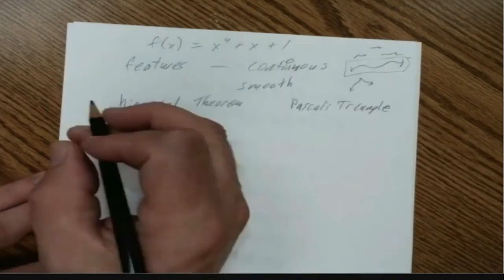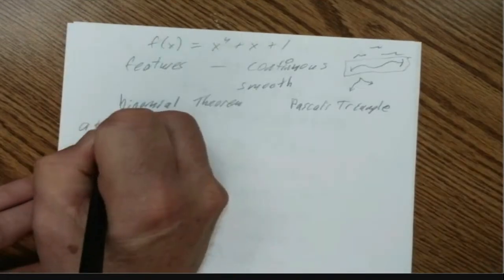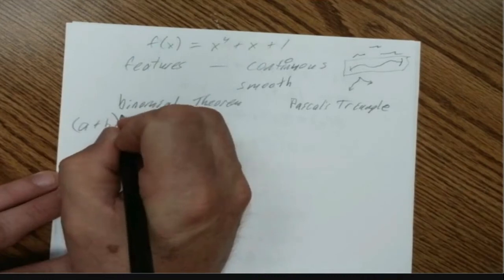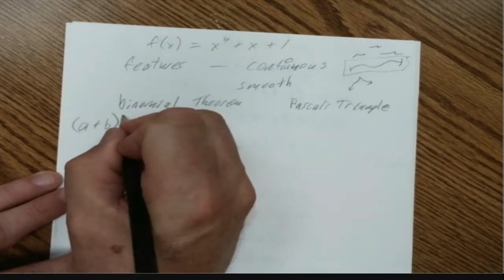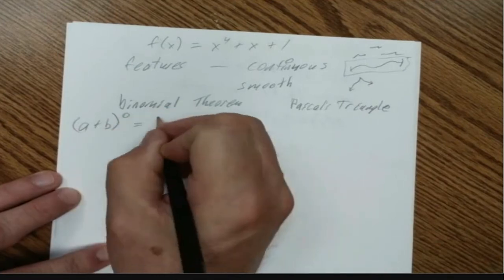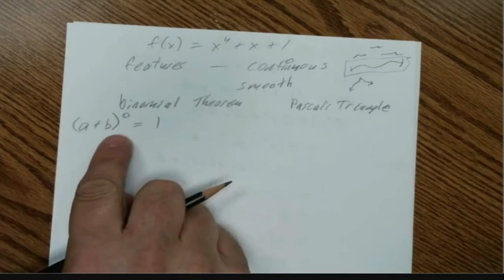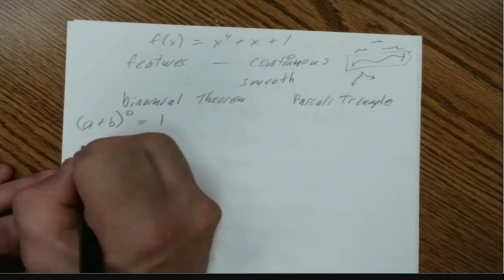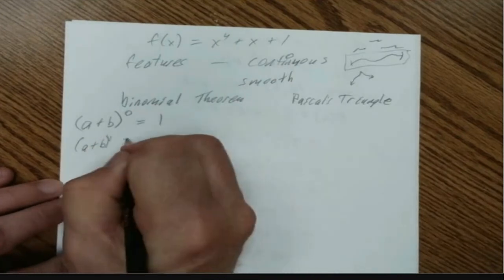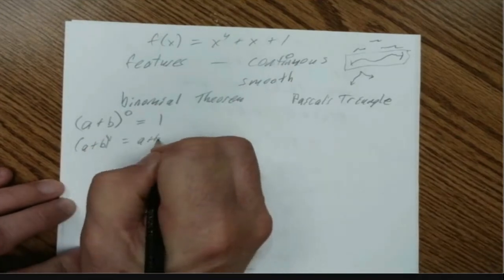If we have a plus b to a power, right, some power, if it is 0, we know it's going to equal 1, because remember, anything to the power of 0 equals 1. If we have a plus b to the first power, that just equals a plus b, right?